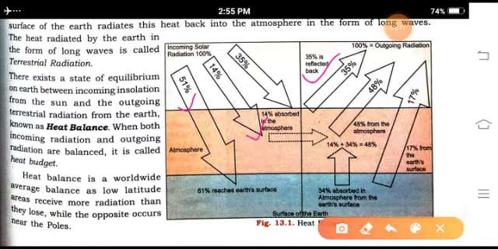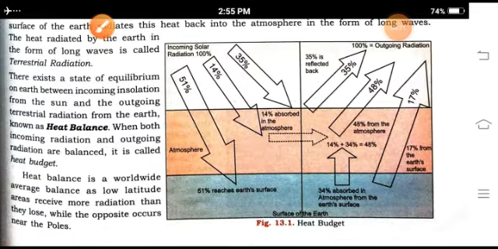Now, 34% is absorbed in the atmosphere from the earth's surface and 17% from the earth's surface. It means 14 plus 34 equals 48% in your atmosphere.